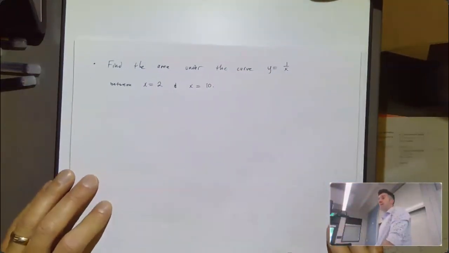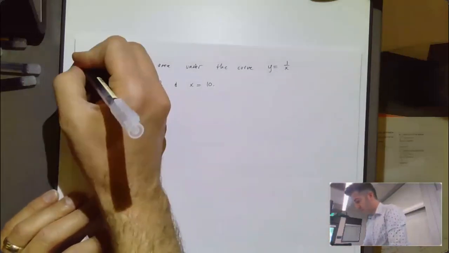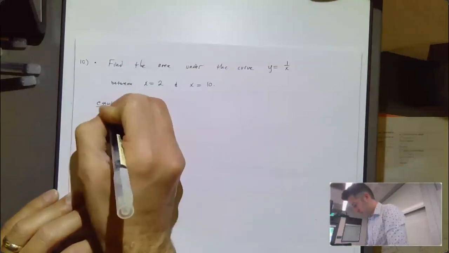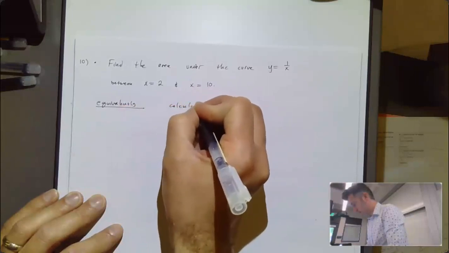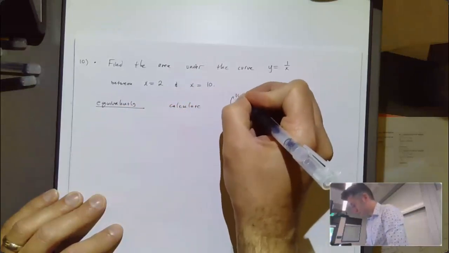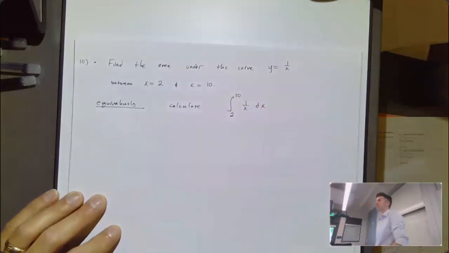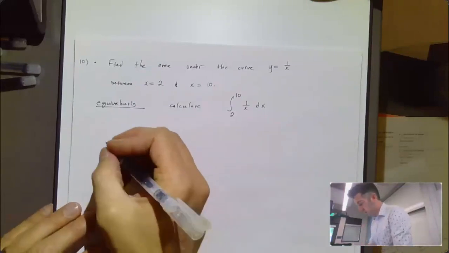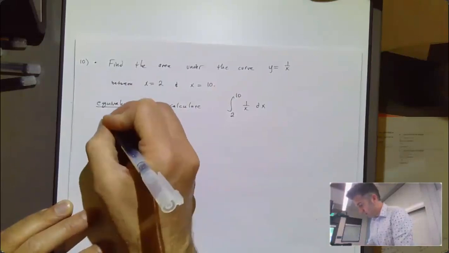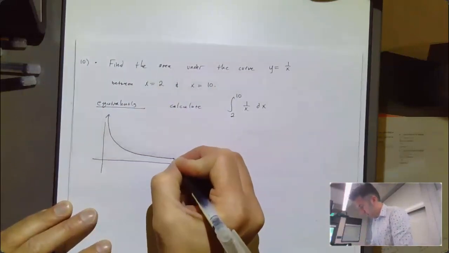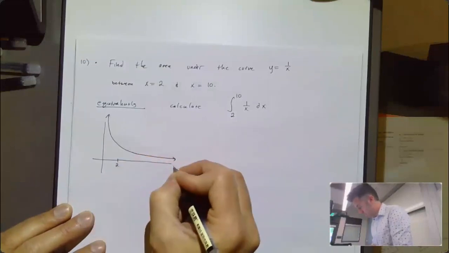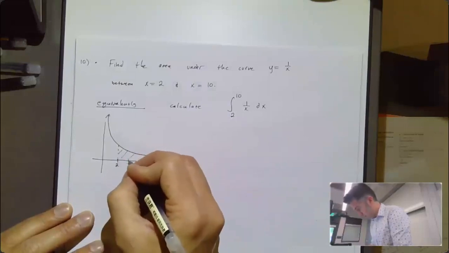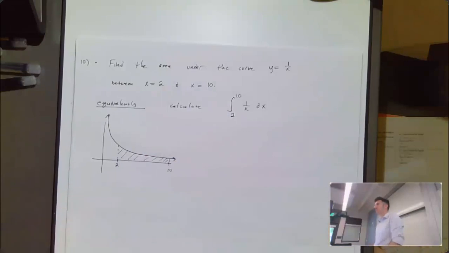They might rattle those words, or they might just say equivalently, calculate the following. These two things mean the same thing. And graphically, they're saying, okay, here's your curve 1 over x. And they're saying, okay, from x equals 2 to x equals 10, they're asking the question, how much area is there right there?